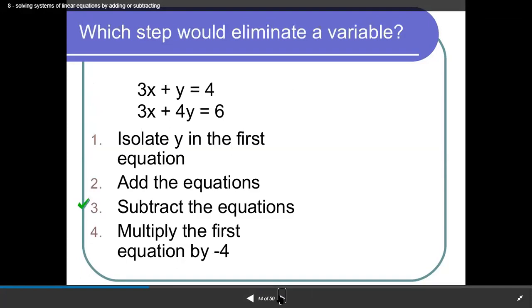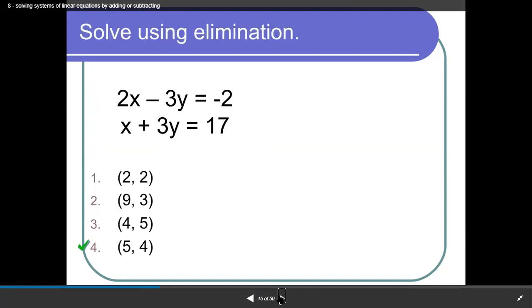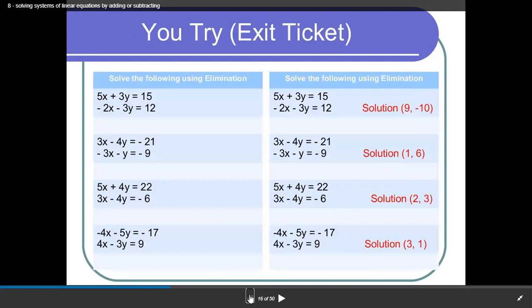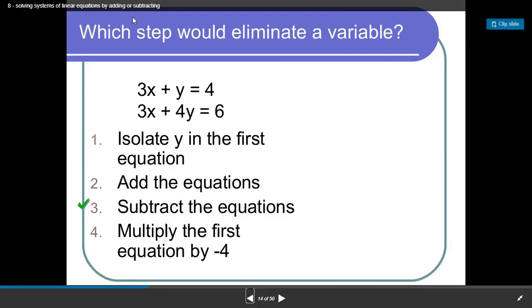What about if you have the same number, not the additive inverse? How can we solve this question? Like this one. We have 3x plus y equals 4, and 3x plus 4y equals 6. Check the coefficient in front of x, please.